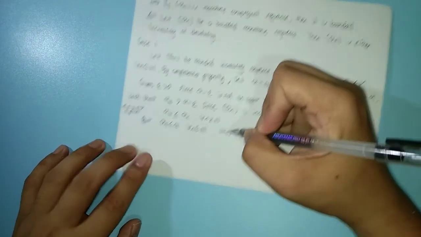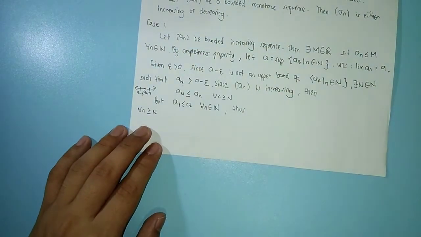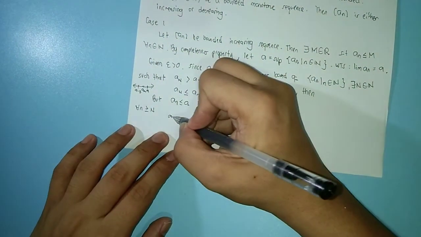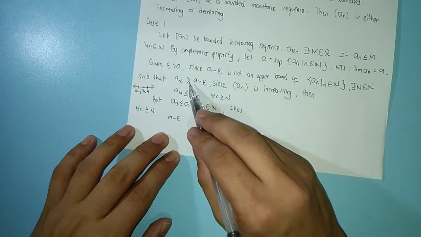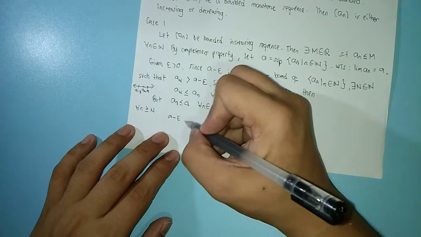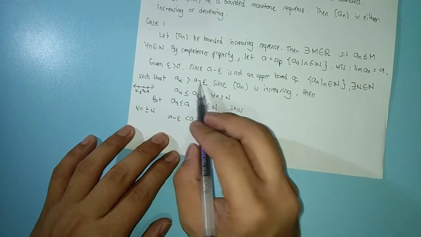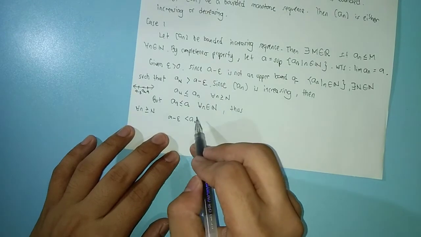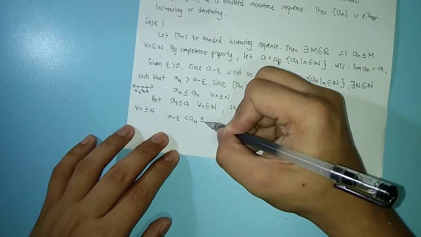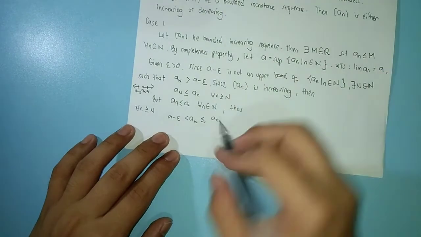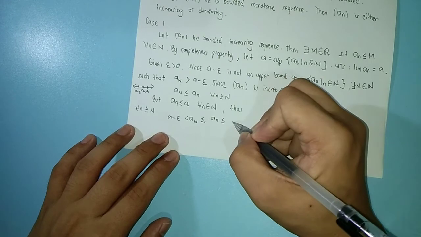So, thus, for all n greater than or equal to N, A minus epsilon is less than a sub N, and a sub N is less than or equal to a sub n.